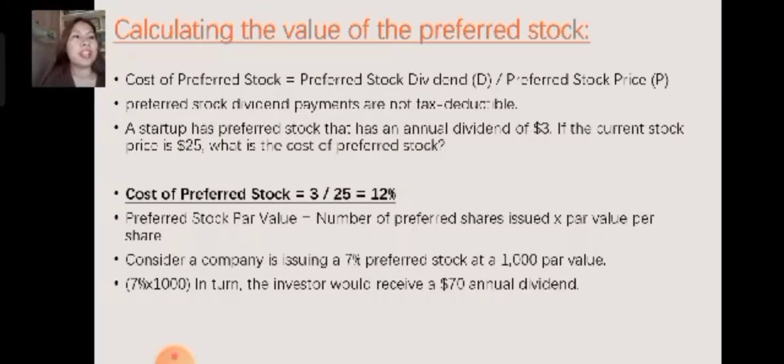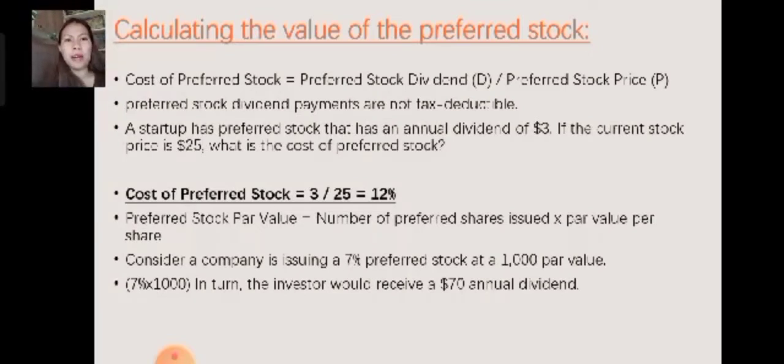If the current stock price is $25, what is the cost of preferred stock? The cost of preferred stock is equal to the annual dividend of 3 divided by the preferred stock price of 25, which is equal to 12%.